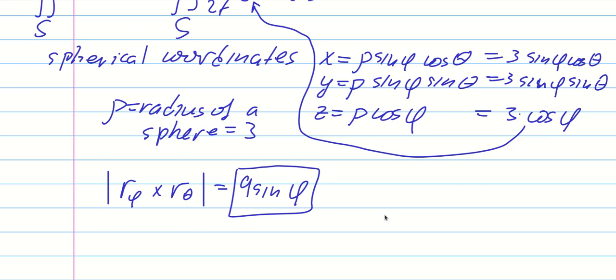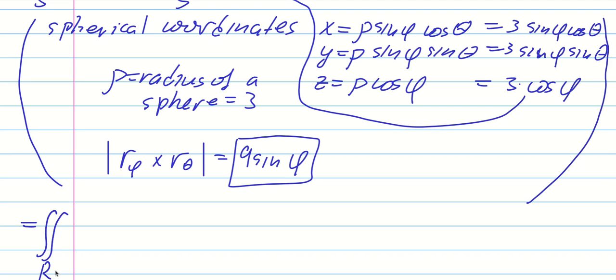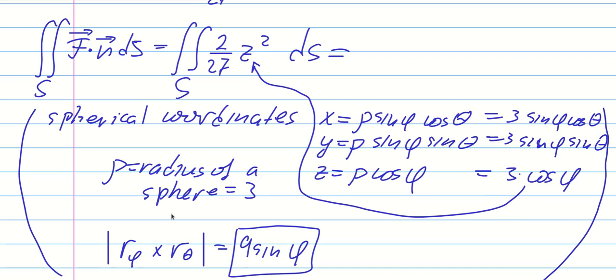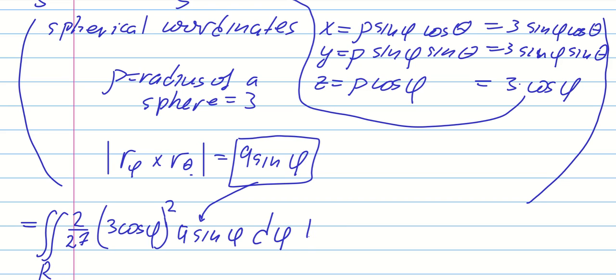All right, so what does it mean for us? That means if we continue with our integral, then our integral is equal to the double integral over region R of 2 over 27 times z squared, and our z is 3 cosine of phi, so it's 3 cosine of phi squared, times the magnitude of this cross product, which is 9 sine of phi, d phi d theta.